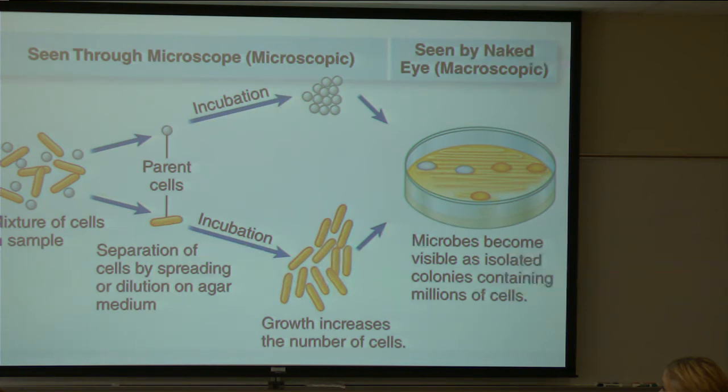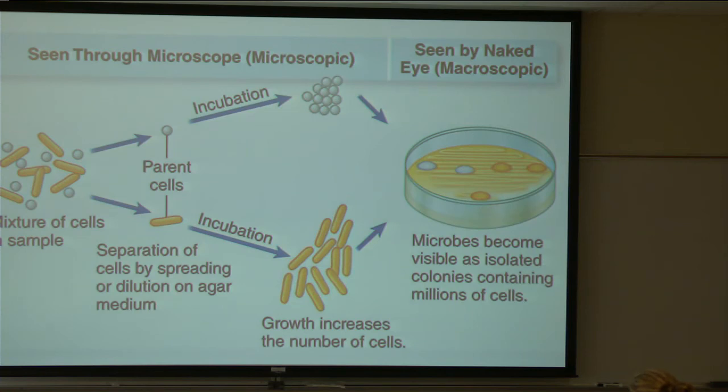Once there are that many, they start to stack up and stack up and stack up, and pretty soon they turn into these big, huge mounds on the plate. These big, huge mounds on the plate we would refer to as a colony.